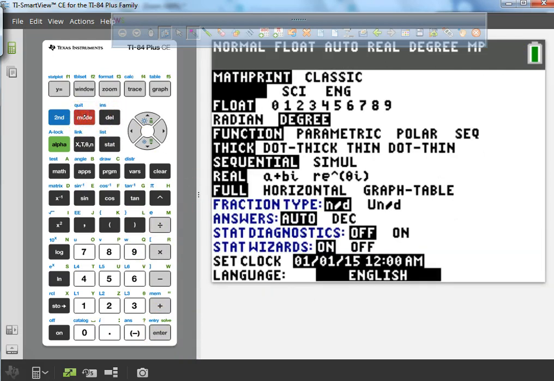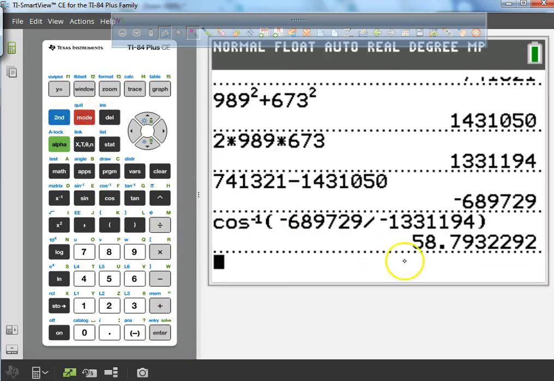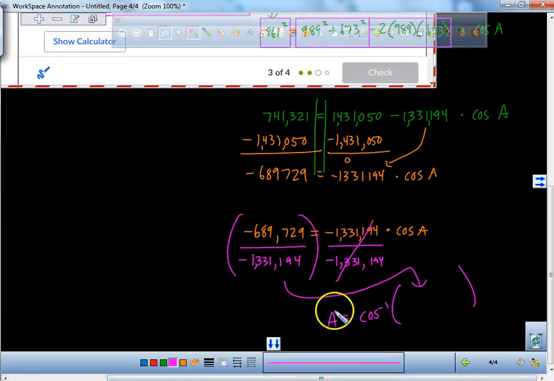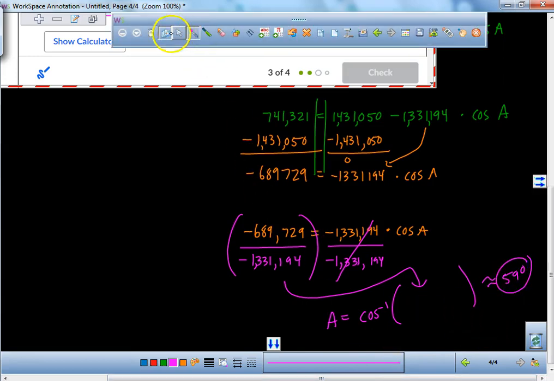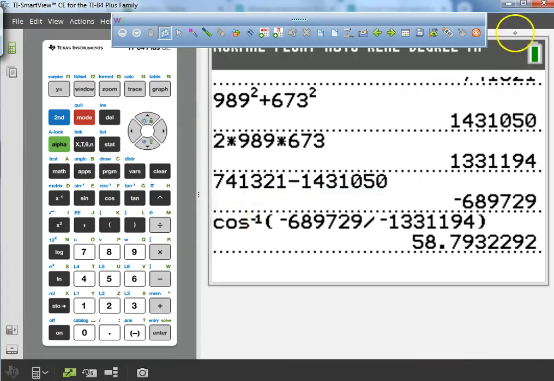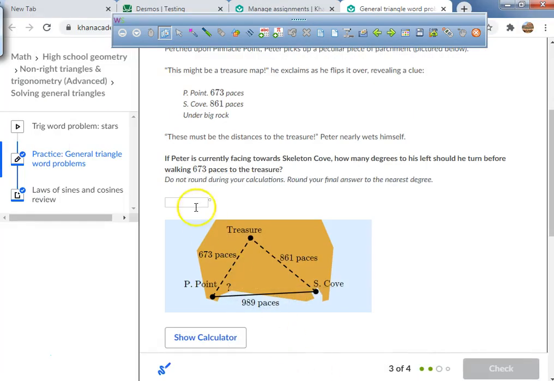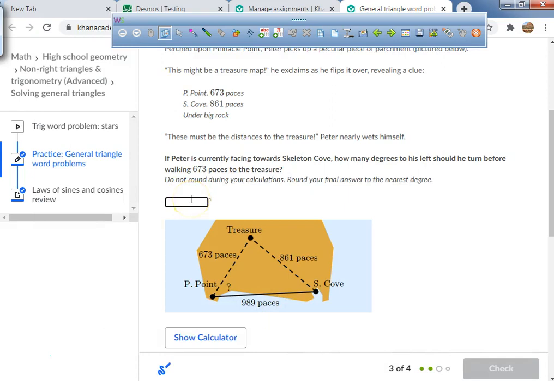Make sure your mode is what? In degree mode, okay? So I got 58.7 degrees, so the nearest whole degree would be 59 degrees. So that approximately equals 59 degrees. So in this particular problem, if it says, hey, what's the answer to the nearest degree, what am I going to type in?